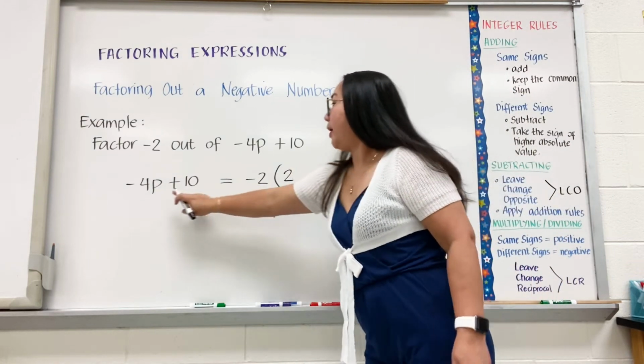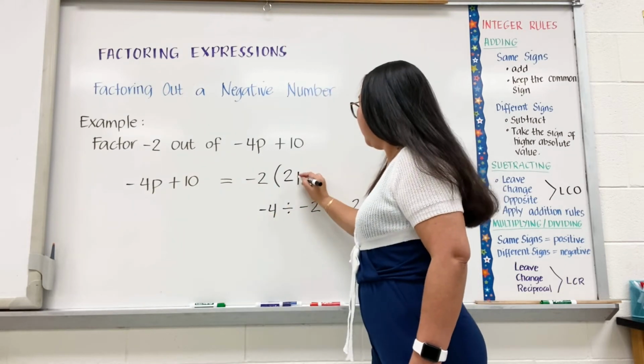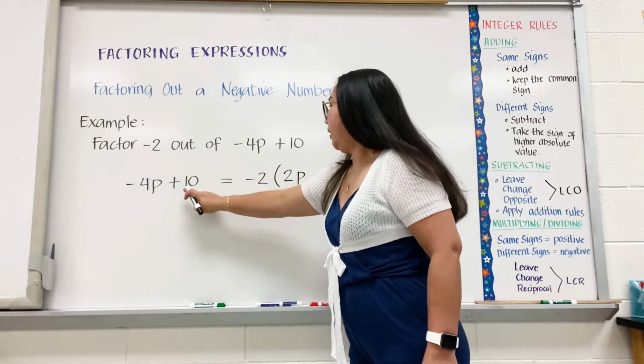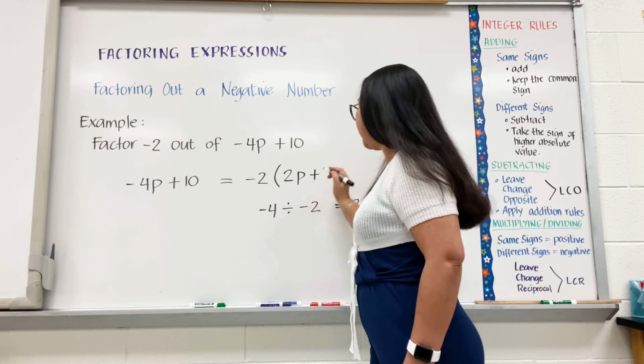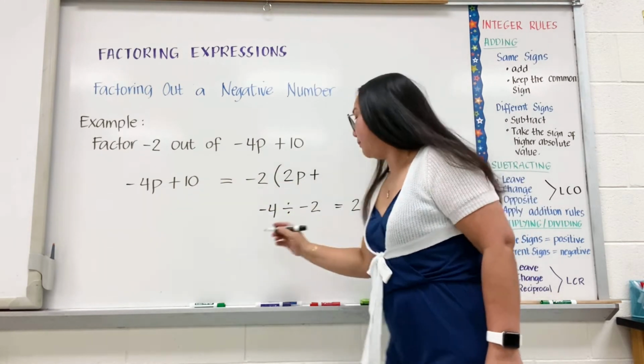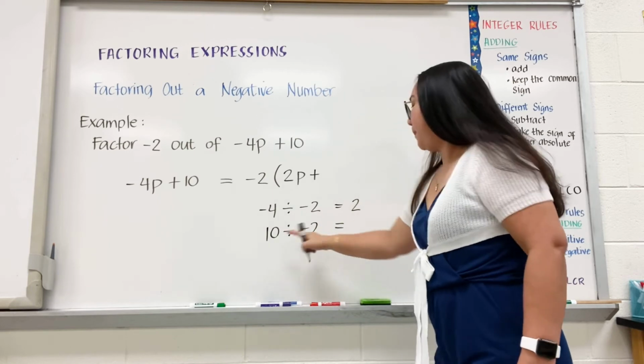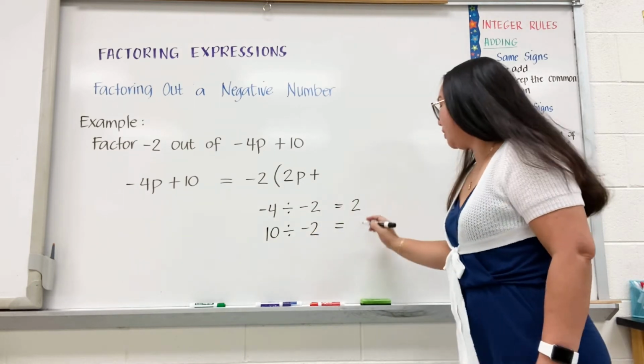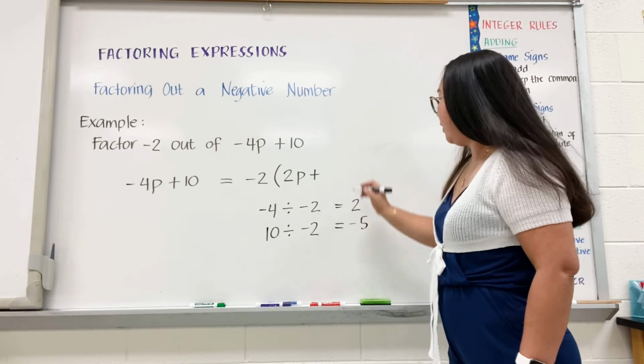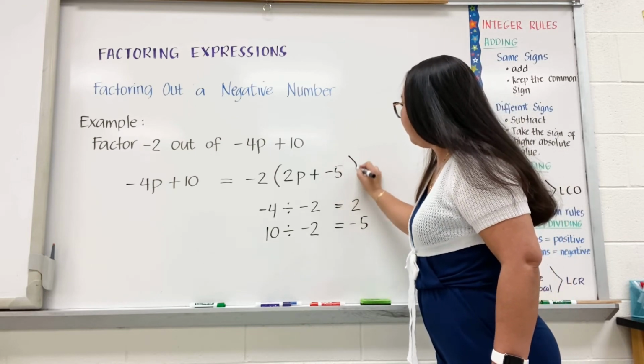And then write down the variable. Now, here we have plus, so write down plus. The next term is 10. So 10 divided by -2. Positive and negative will give you a negative answer, that is -5. So plus -5.